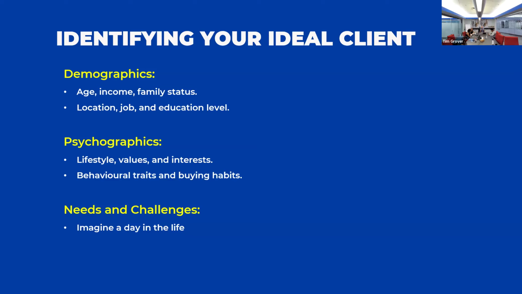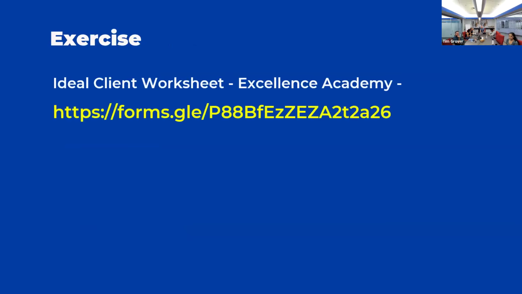It may be a wide variety of ages and incomes, but they might have kids in soccer or be involved in a community association. So start to think more about those kinds of demographics, the soft stuff.